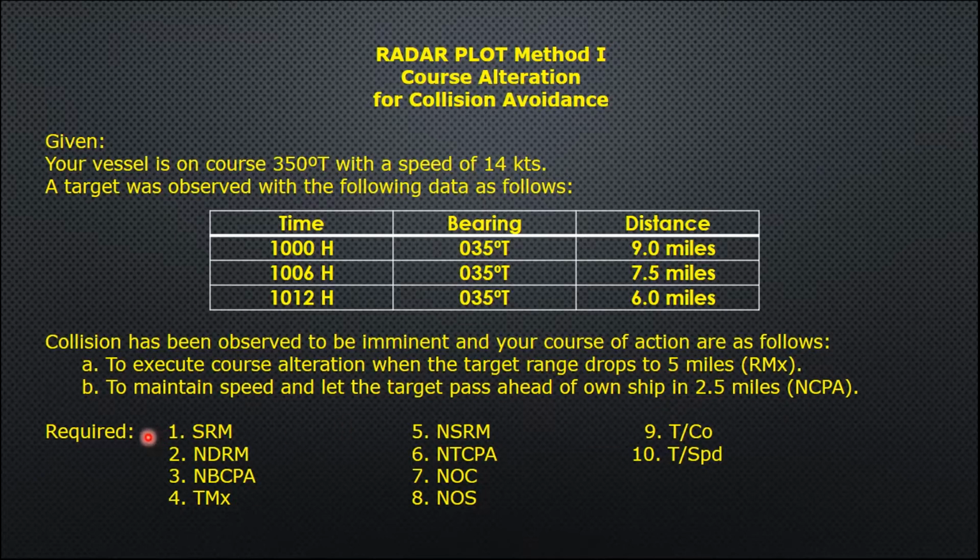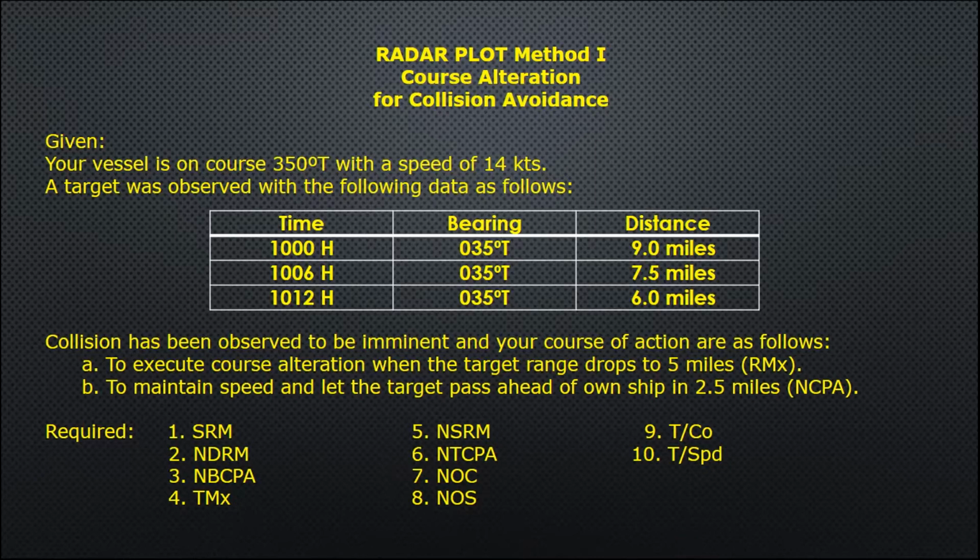You are required: number 1, SRM, number 2, new DRM, number 3, new BCPA, number 4, TMX, number 5, new SRM, number 6, new time of CPA, number 7, new own course, number 8, new own speed, number 9, target true course, and number 10, target true speed.